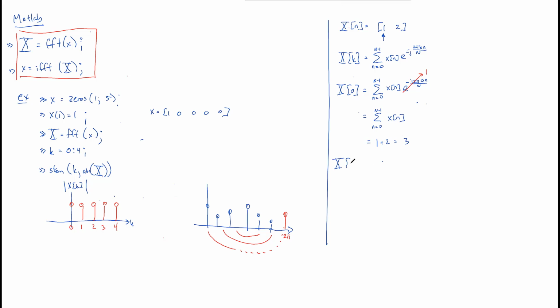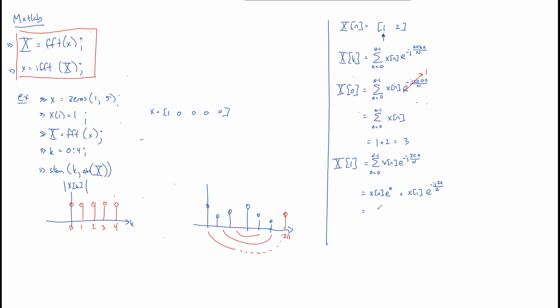Now we can solve for x of 1. That would be the summation from n equals 0 to capital N minus 1 of our x of n times e to the minus j 2 pi, k is 1 here, little n over capital N. So that would be x of 0 times e to the 0, when we plug in 0 for little n, plus x of 1 times e to the minus j 2 pi over capital N, where capital N is equal to 2.